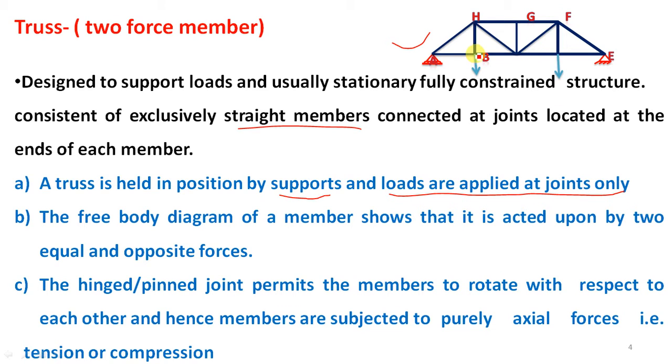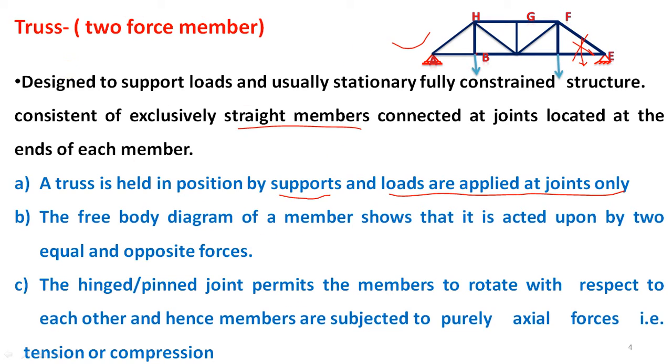So here we have applied the loads. This load is applied only at joints like joints H, G, F and E. You can apply the load only at joints. You cannot show the loads anywhere on the member. So this is wrong. Load is applied only at a joint.